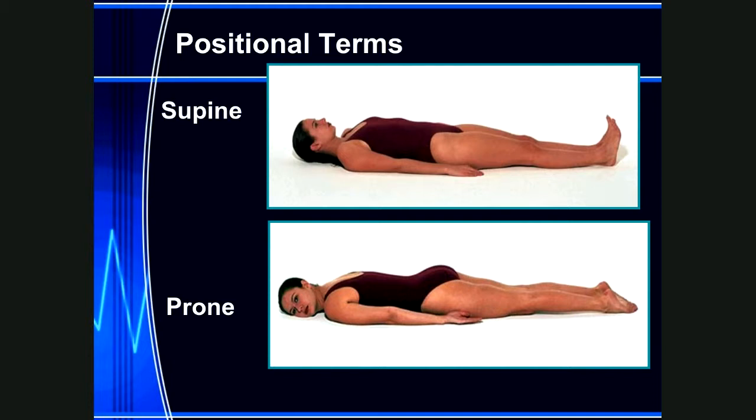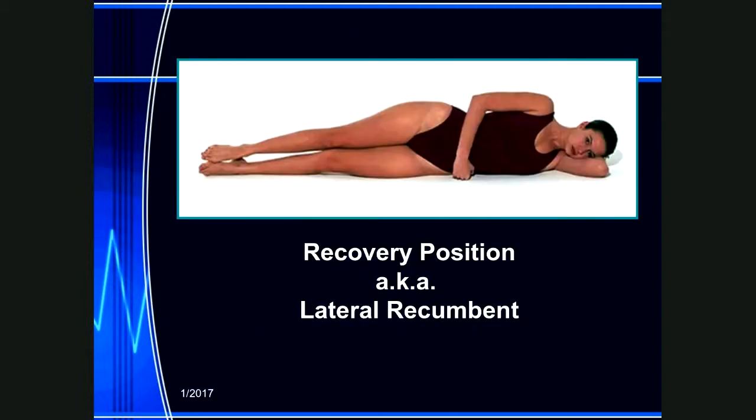They were supine or they were prone. They may be in another position known as the recovery position, also known as the lateral recumbent position. The patient's lying on their side.